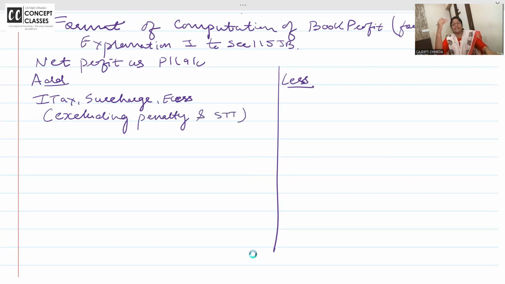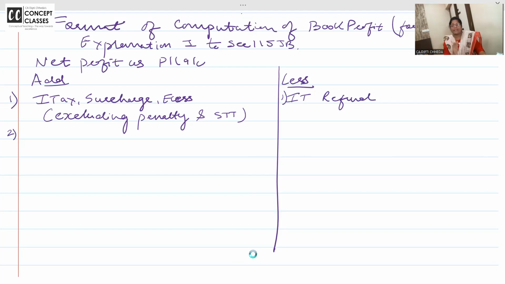So if there is income tax debited in the P&L account, it's not allowed. On that, you don't have to pay MAT. Not allowed means disallowed. Disallowed means scratch. If you scratch expense, the profit will increase. Hence, add. Okay? Same way, if there is income tax refund, what should I do? Less. First item, first item.